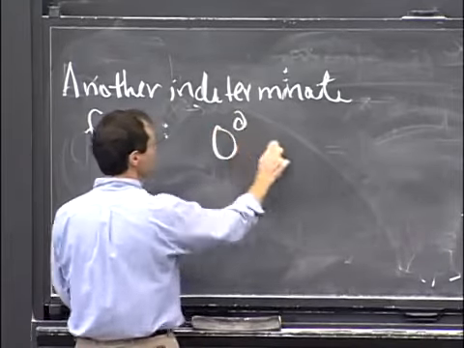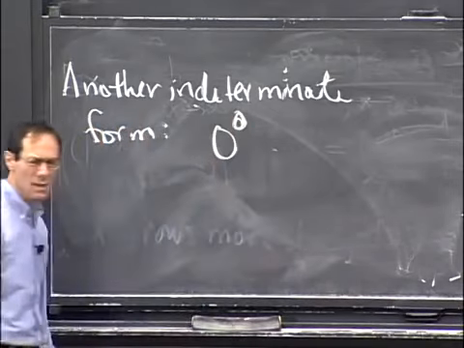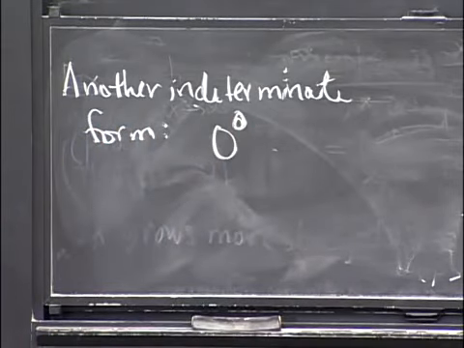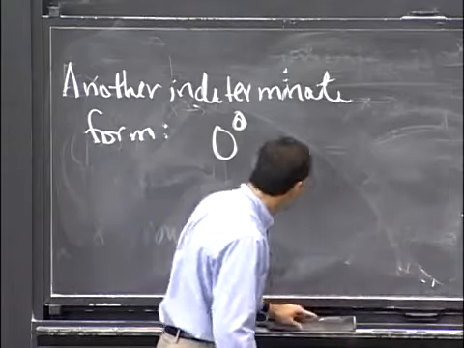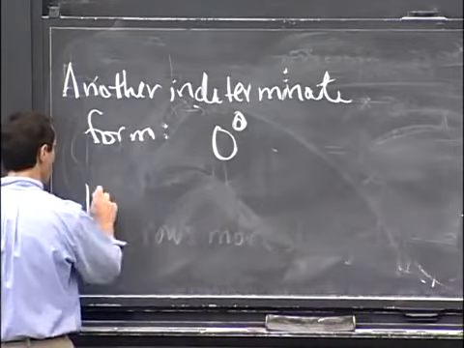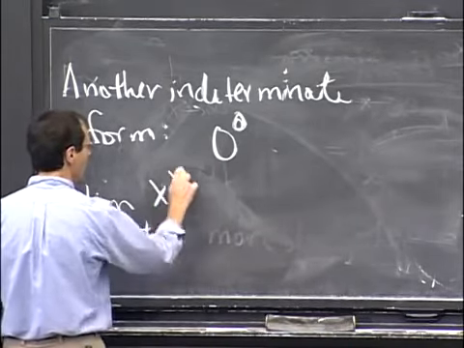That's going to be 0 to the 0 power. So, I mean, there are lots of these things where you just don't know what to do, and they come out in various different ways. Now, the simplest example of this is the limit as x goes to 0 from above of x to the x.